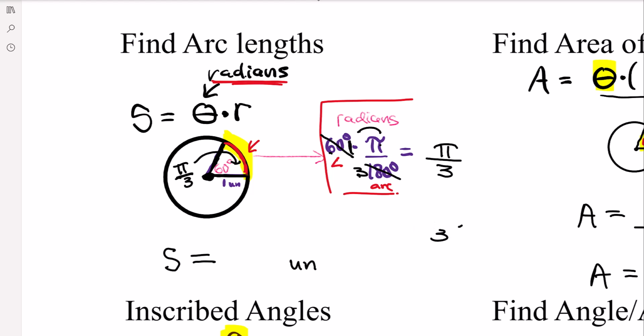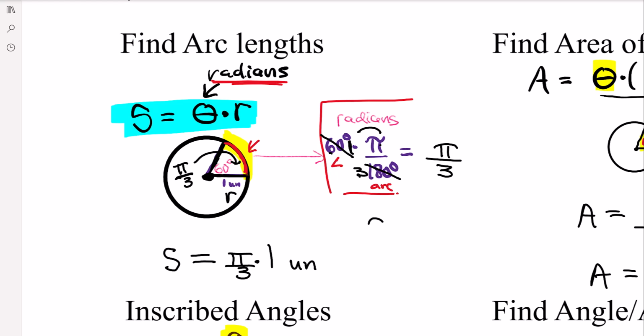All right. And then here's the formula. You take that theta right there, which is pi thirds, and you multiply it by the radius, which is, in this case, 1 unit.